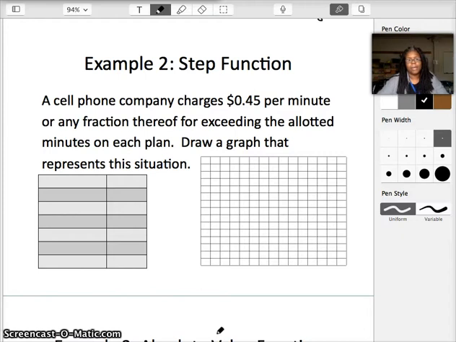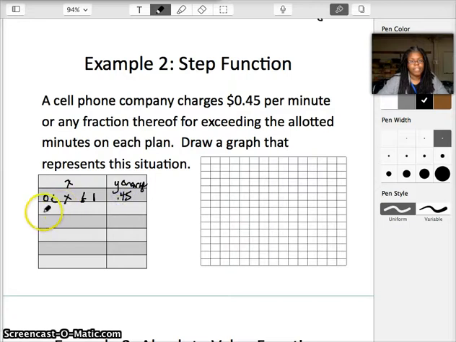So when we think about this situation, we can think of it this way. Let x be this column, and this column will be the charge, just call it y, the charge that you're going to be charged. We know that as soon as you get above 0 seconds, all the way up to 60 seconds, or let's just do it in terms of minutes, if you get from 0 to 1 whole minute, including a minute, if x is between there, you're going to be charged 45 cents.